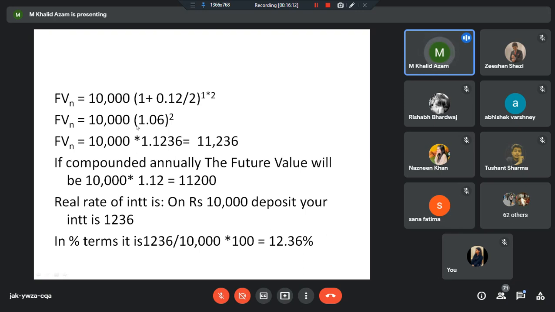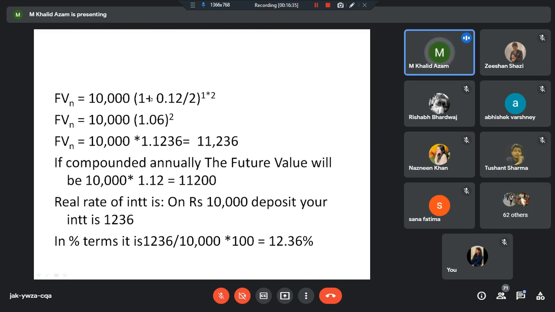So 10,000 multiplied by 1.06 to the power 2. This value is coming 1.1236. So 10,000 multiplied by this is coming 11,236.